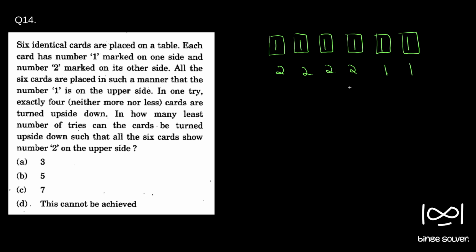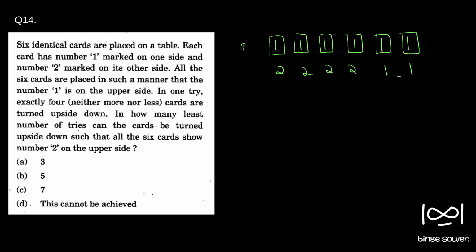Now, if you see, we have 3 options here. One is to not include any of the ones that are left, and turn the 4 cards again. If we do that, we'll reach back to the first state, so we don't want that. Another option is to include both 1s here.